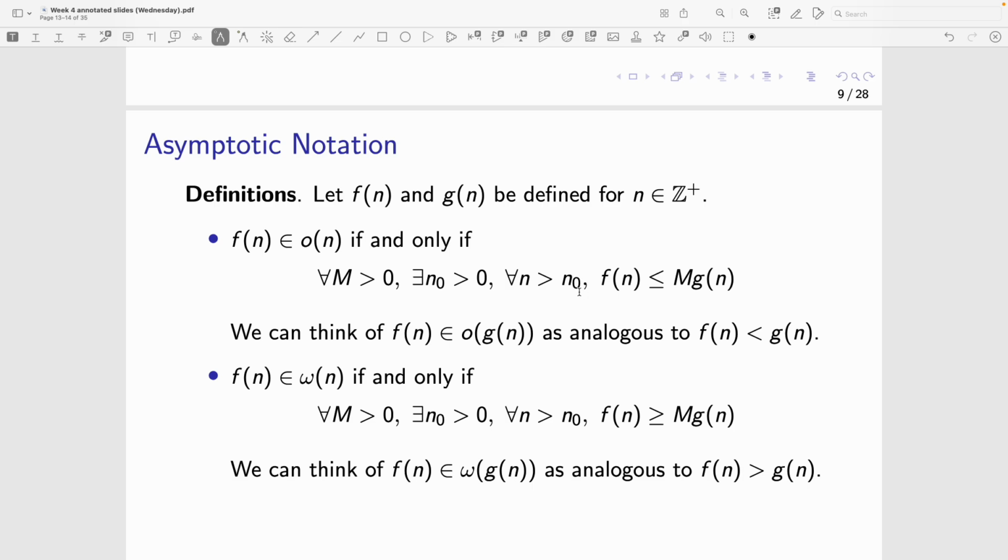Since it grows way more slowly, g of n will eventually be strictly greater than f of n. There's probably some mathematical edge case that some professor way smarter than me thought of and then decided that little o should use less than or equal to. But we're following this definition, and as such, we're using the inequality less than or equal to.